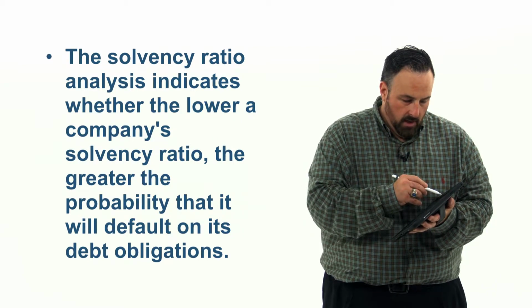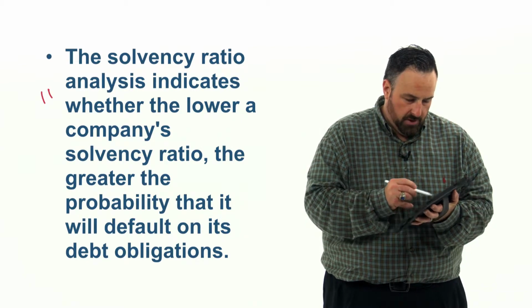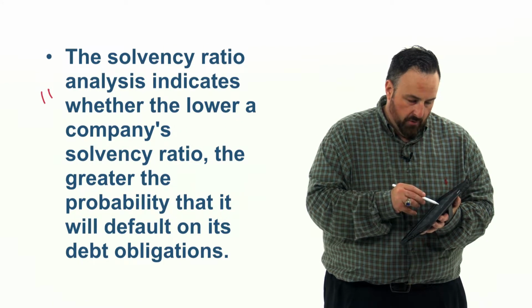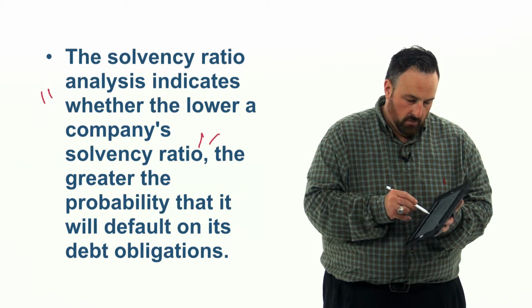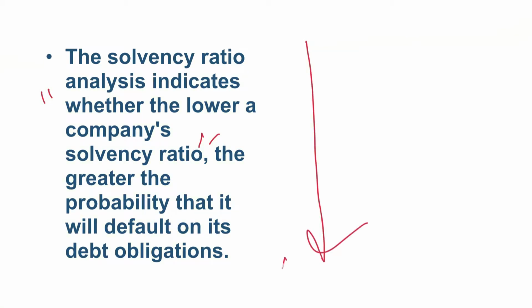Now, the solvency ratio analysis, one big part of it, and I just want to quote this here, indicates that the lower a company's solvency ratio, okay, you want that high, the greater the probability that it will default on its debt obligations. So that's not good.